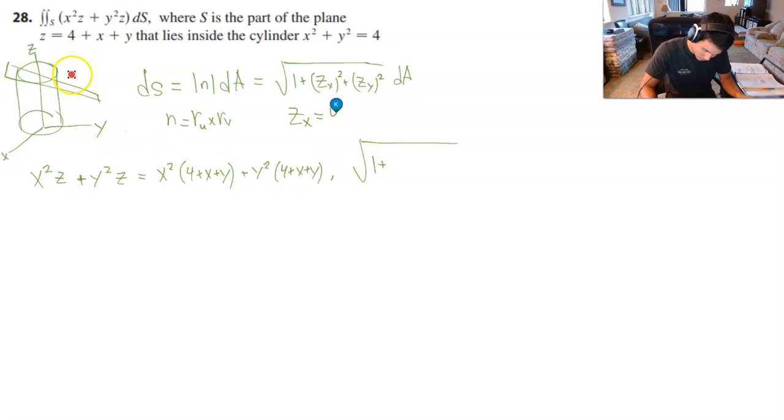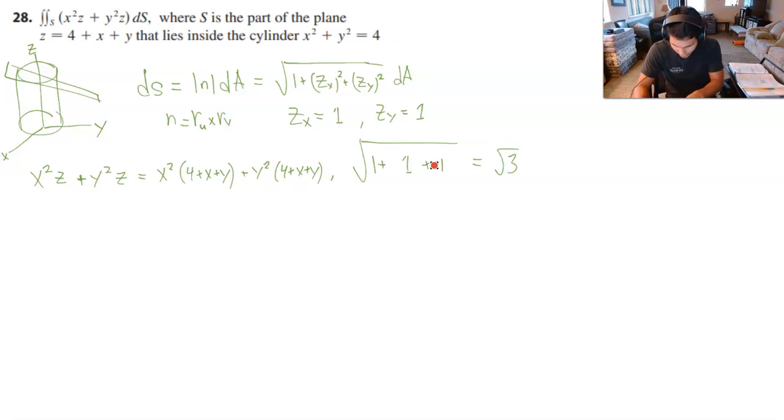It's not even going to be 4. My bad. Can't believe I'm doing Calc 1 stuff wrong here. It's going to be 1. And z_y is equal to 1. That was kind of embarrassing. I just forgot how to do the world's easiest derivative. But it doesn't matter. So we have 1 plus 1, and 1 squared is 1, so I didn't bother squaring these, because it's the same thing. And this is equal to square root 3.